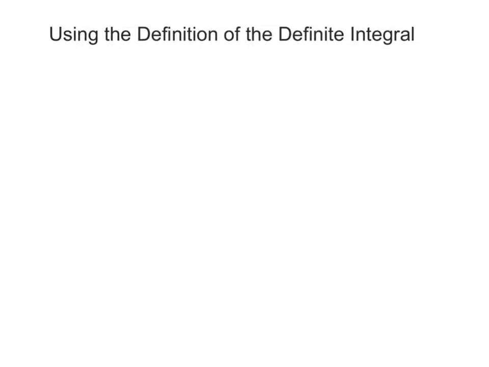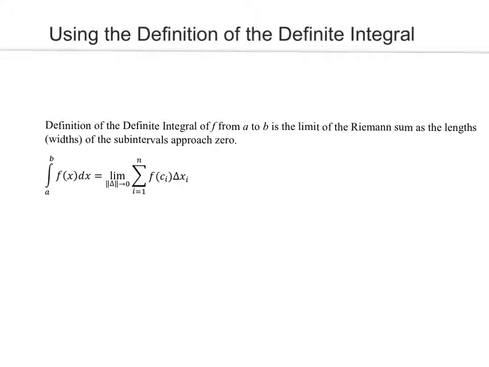In this video, we're going to use the definition of the definite integral in order to find the value of the definite integral. Now, to remind you what that definition was, we have the limit of the Riemann sum as the lengths, or widths as we called them, of the subintervals approach zero.